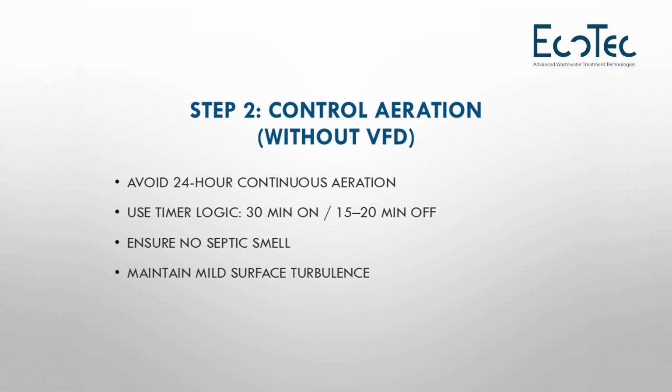We are not expecting to have plants with VFDs and timer logics. We can have an observed timing, a few minutes on, a few minutes off of the blower. This itself is going to solve the problems you would face in terms of sludge aging and so on.